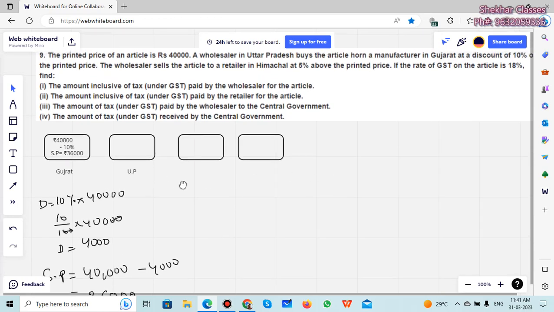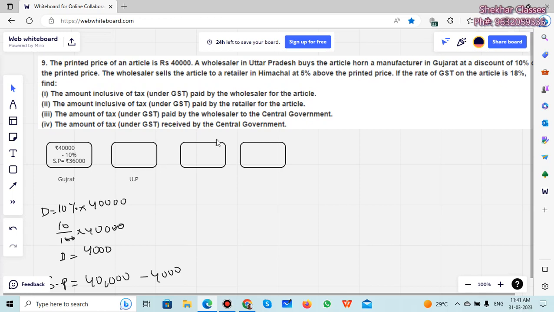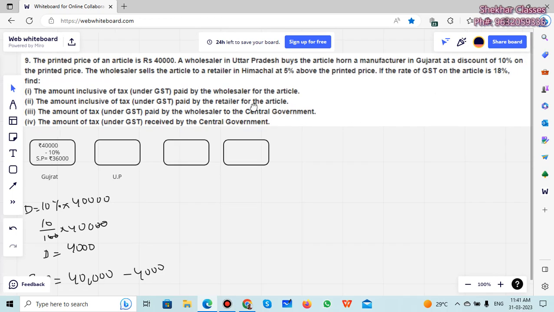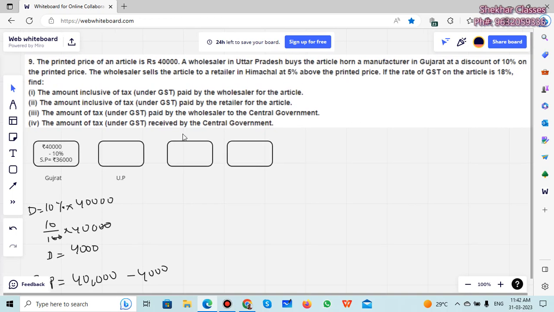Remember, he has bought it for 36,000. The wholesaler sells the article to the retailer. So he will sell the article to the retailer in Himachal. So this place is Himachal now. And he sells it for 5% above the printed price. What was the printed price? 40,000. So we have to calculate that.